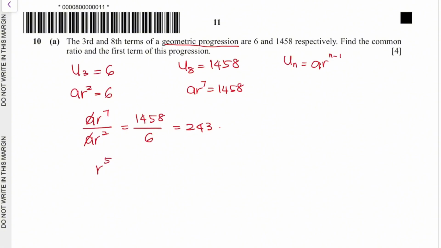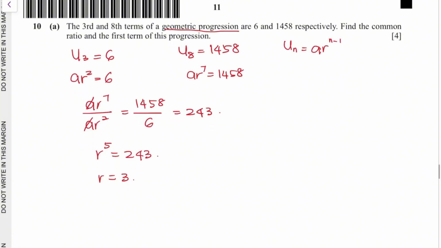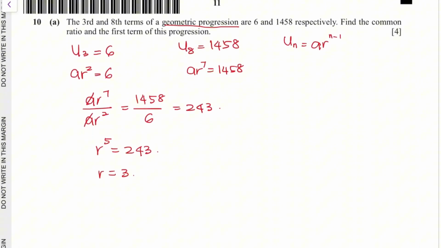So r to the power of 5 is equal to 243, and r would be equal to 3. I've got my r. How do I find my a? I can just substitute into U3, which is a times r squared. 3 squared is equal to 6. 3 squared is 9, so a is equal to 6 over 9, which is 2 over 3. I've got everything needed from the question.